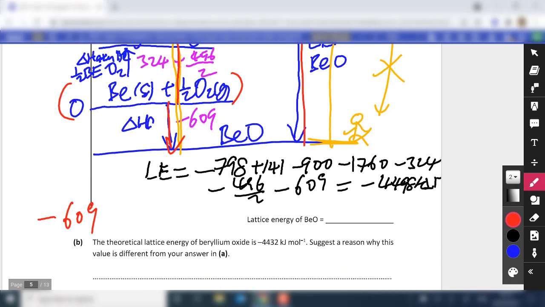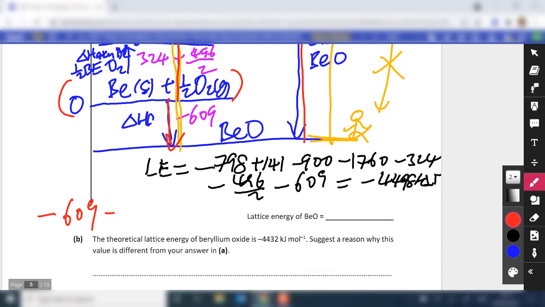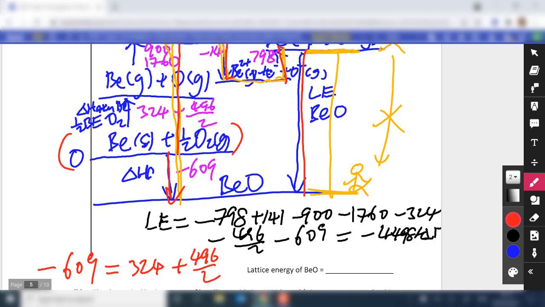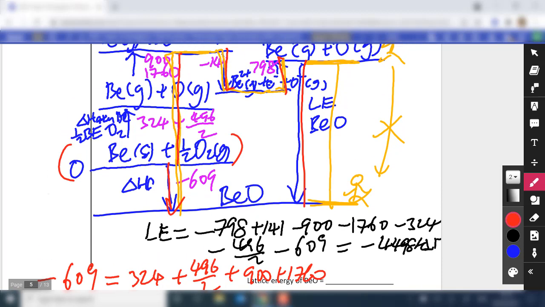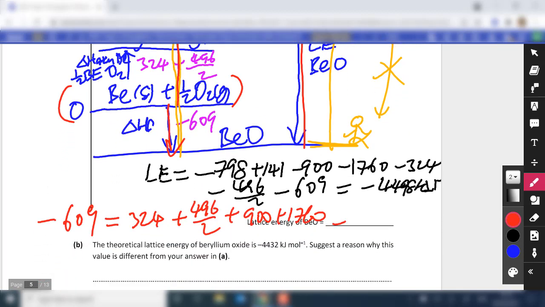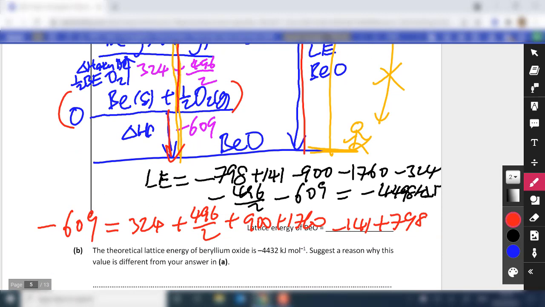That is not a problem as well. So negative 609 is equal to 324 plus 496 divided by 2 plus 900 plus 1760 minus 141 plus 798 plus lattice energy.